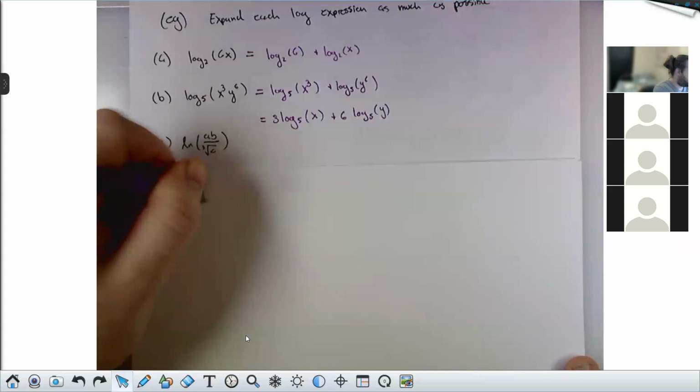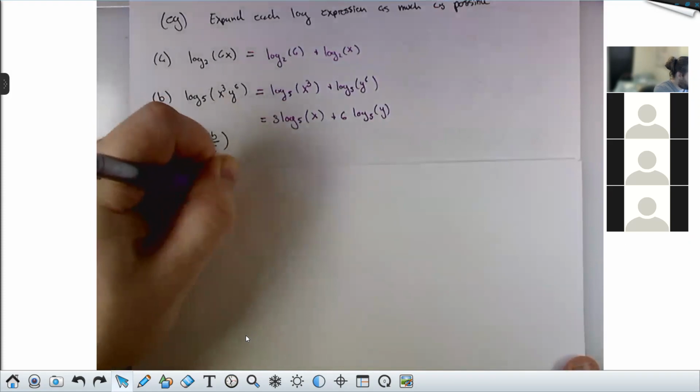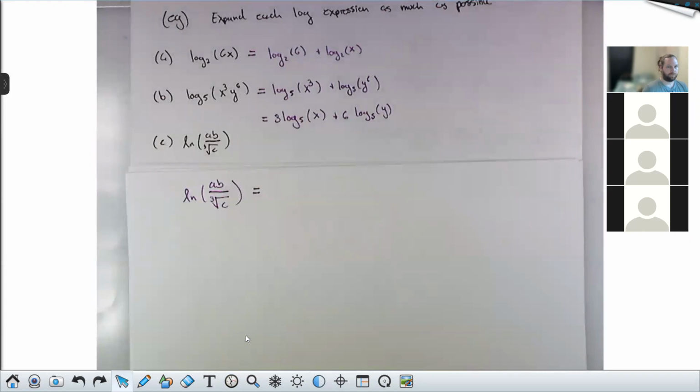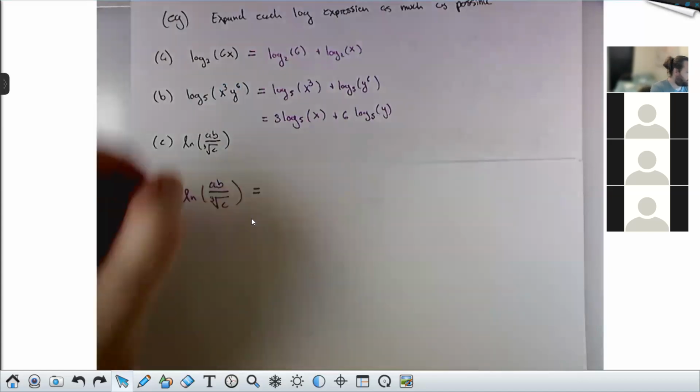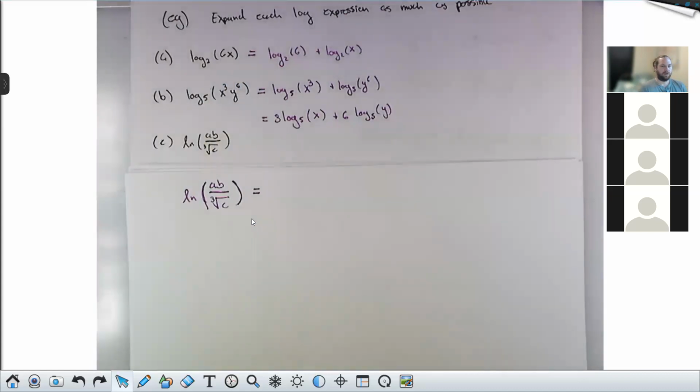So I'm just going to rewrite this, the natural log of a times b over the cube root of c equals. Following the same sort of idea that we did here, where we split up the multiplication before dealing with the powers, what you want to look for here, or in any of these problems when they get a little bit more complex like this, is what is the outermost operation going on inside the logarithm.